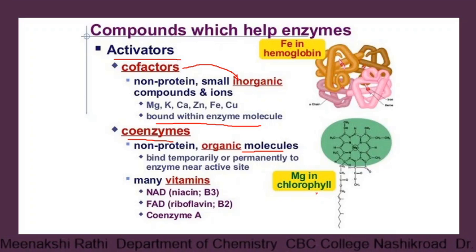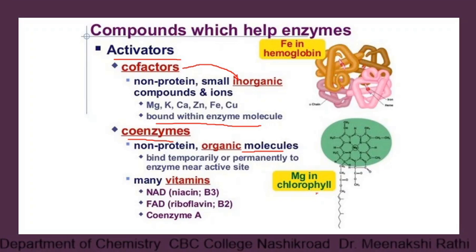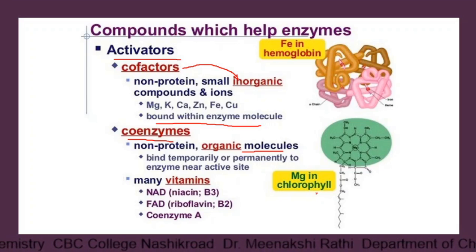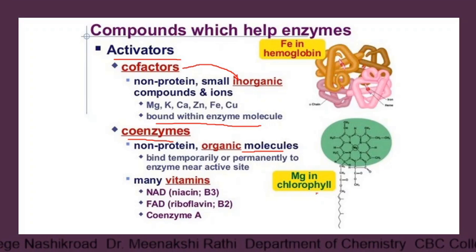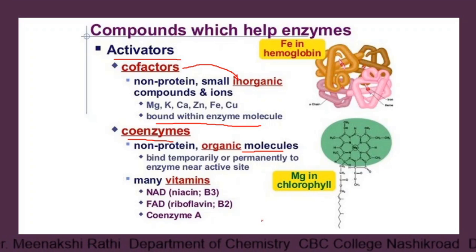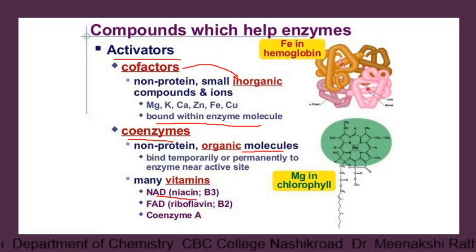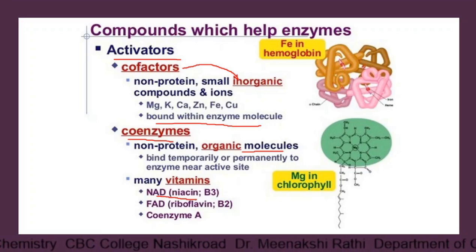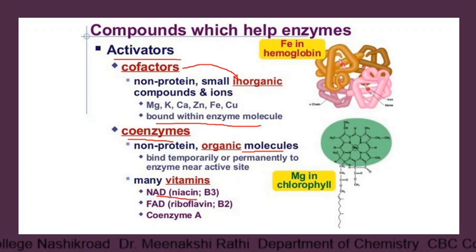Actually, we have already discussed coenzymes in the vitamin chapter. Almost all vitamins have coenzyme parts. So coenzymes are again non-protein, but organic molecules, and they bind either temporarily or permanently to the enzyme near the active site. Like NAD is the coenzyme present in vitamin niacin or B3, FAD along with riboflavin, while coenzyme A is again an example of coenzyme.